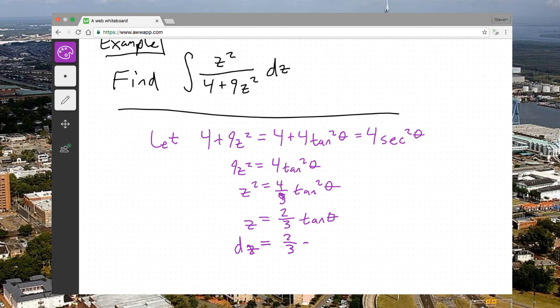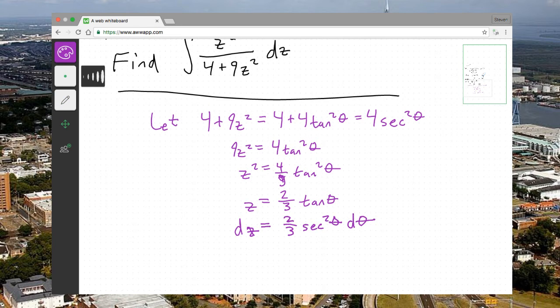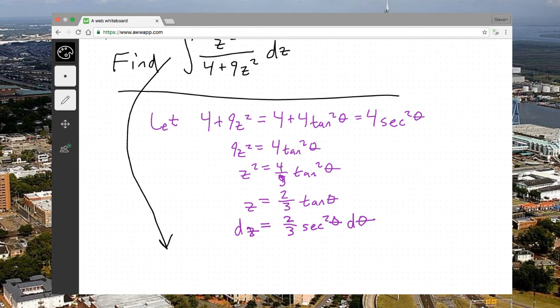Tangent has a derivative of secant squared, and then I would get a d theta, because that's my variable on the right-hand side. And that's all I need to do. So now I just take the original integral, and I see I have a z squared on the top, and from this third purple line I see that z squared is equal to 4/9 tangent squared theta all over 4 plus 9z squared.